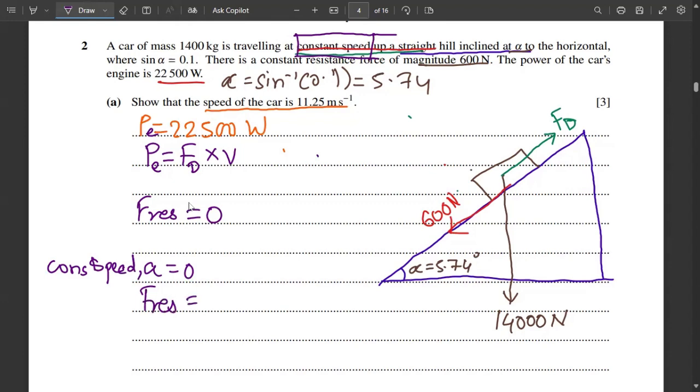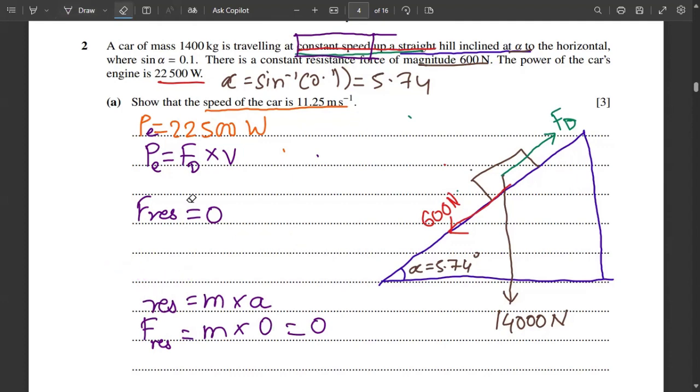F resultant is mass into acceleration, so F resultant will be mass into 0, which is 0. Hence F resultant is 0. So what you need to realize is any question which says the speed is constant, the thing which should come to your mind is the resultant force will be 0 because the acceleration will be 0.